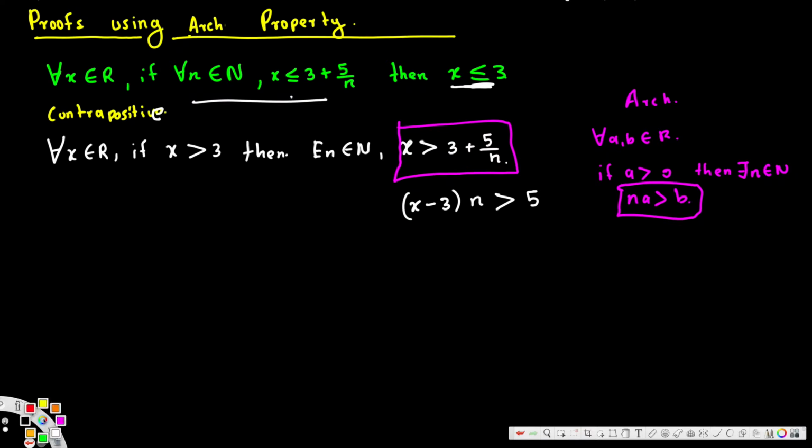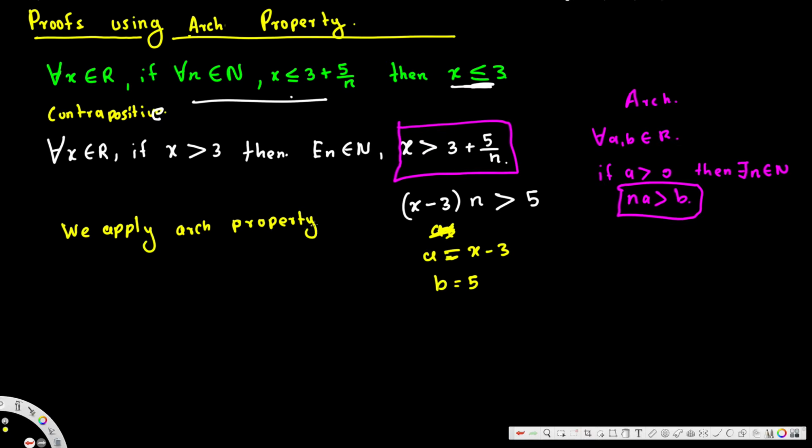So from this you can pick up the a, b values. a is x minus 3, the one that multiplies n, and b is equal to 5. So by the Archimedean property, let's mention this: we apply the Archimedean property for a equal to x minus 3 and b equal to 5.